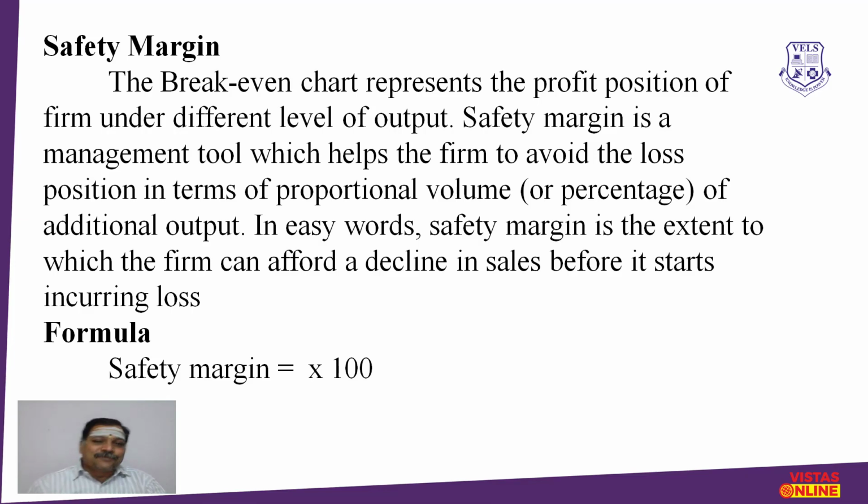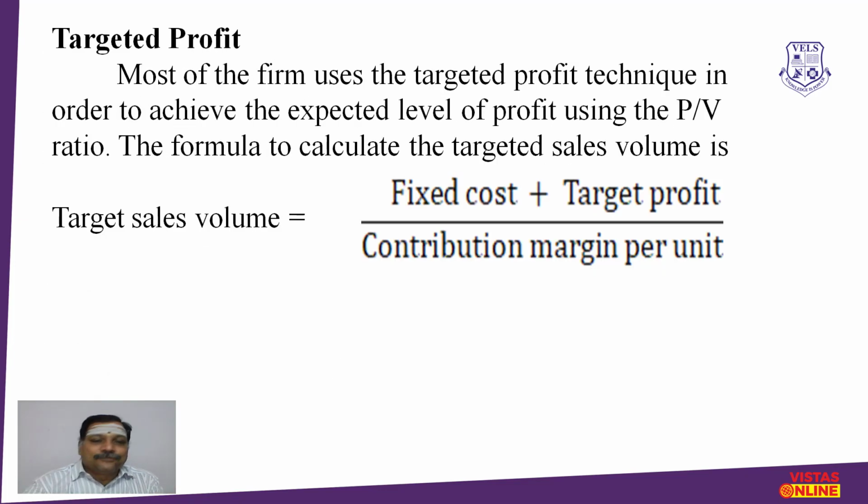In easy words, safety margin is the extent to which the firm can afford a decline of sales before it starts incurring loss. So, this is the best management tool which can be used in the break-even analysis while taking the decision. So, safety margin can be explained with that particular formula.